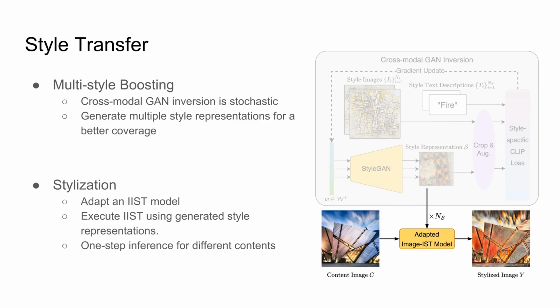By caching these style representations, we eliminate the need to redo the cross-modal GAN inversion for each new content image. This allows for a streamlined process where only a single-step inference with the adapted IIST model is required, greatly simplifying and accelerating the style transfer process for new images.